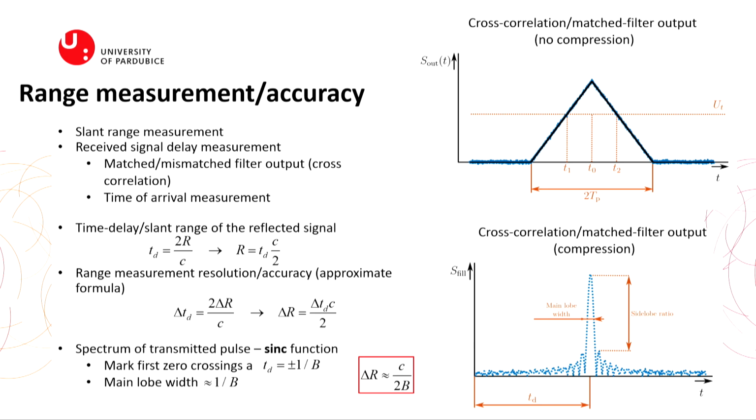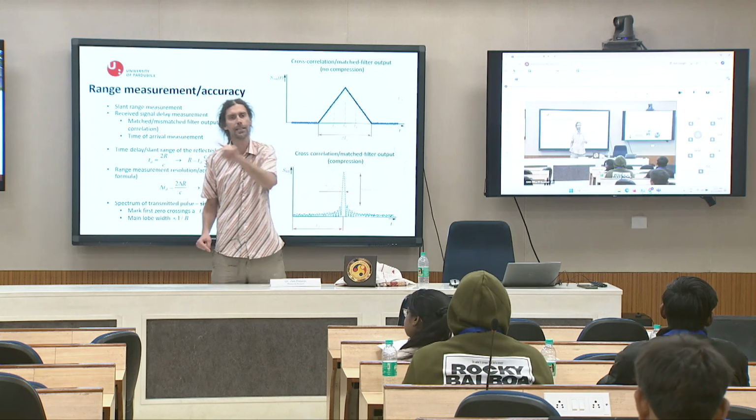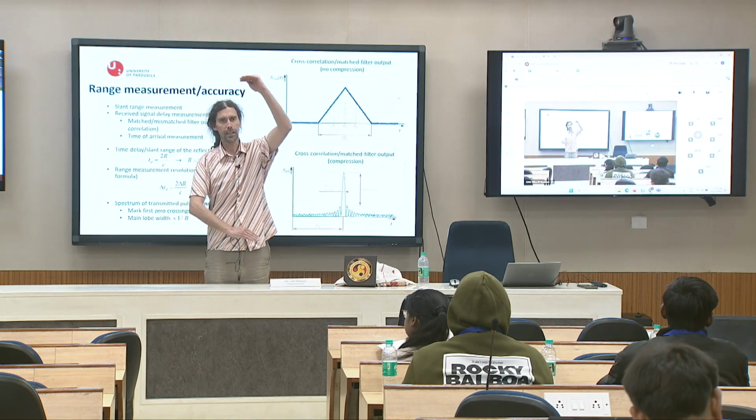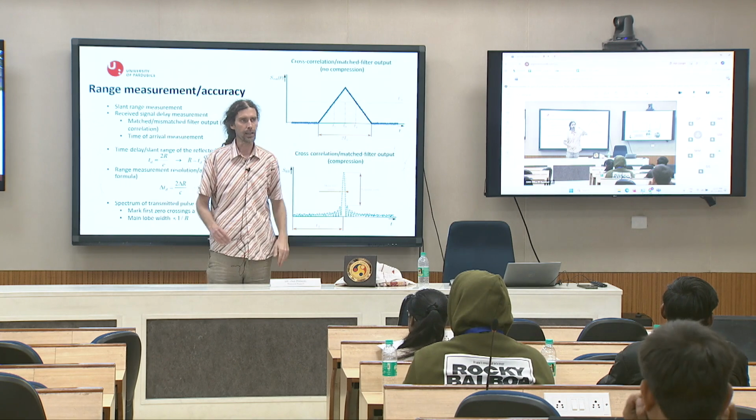So you want this ratio to be as high as possible, because what does it mean? If there is only this one or this one, it means more and more energy in the main lobe and low energy in the side lobes. So you want this ratio to be the highest.